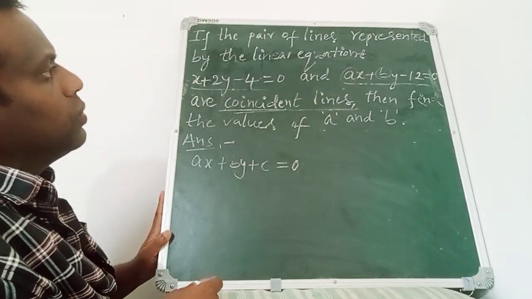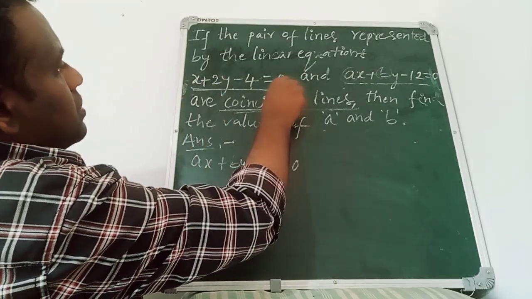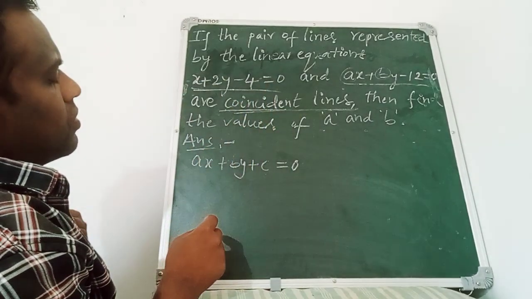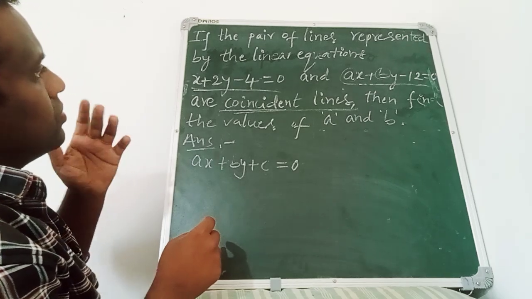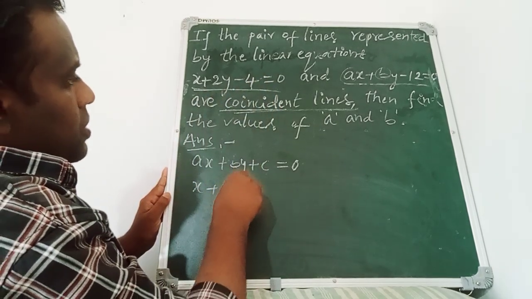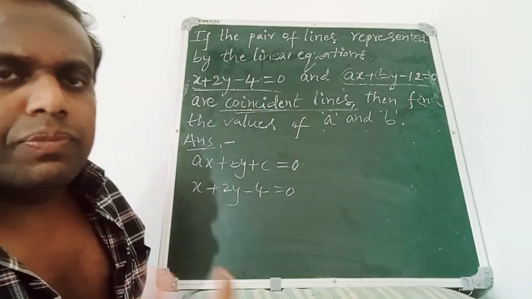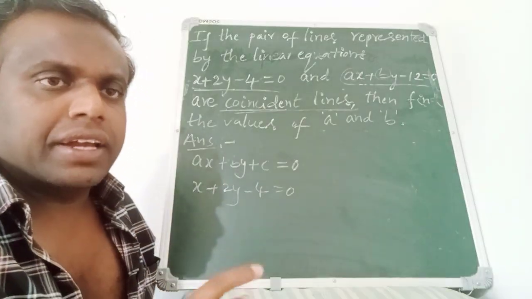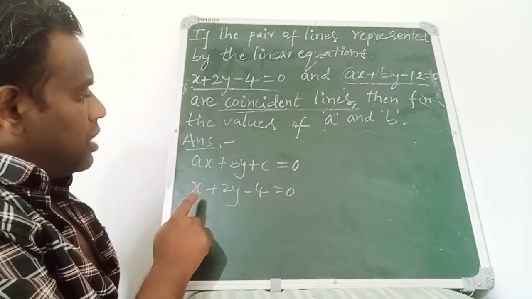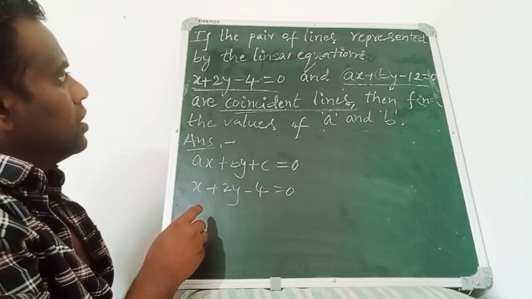Next, I will consider this x + 2y - 4 = 0. If there is only one equation given, I can represent these numbers as a, b, c.